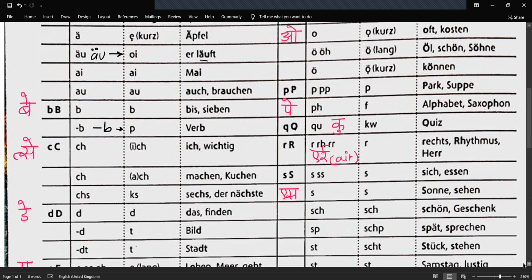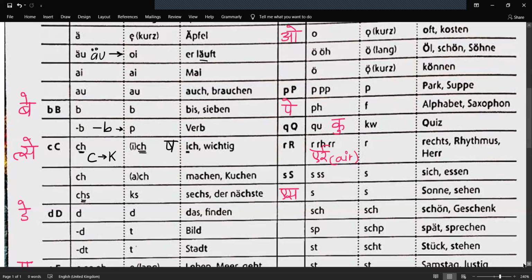Then the next is ch. Now in German, we don't usually find words directly starting with C like we do in English. For C, we prefer using the letter K in German. Therefore, the combination that is seen often is CH or CHS. CH has two distinct sounds. One is that if it goes with I, then it takes the sh sound, a strong sh.